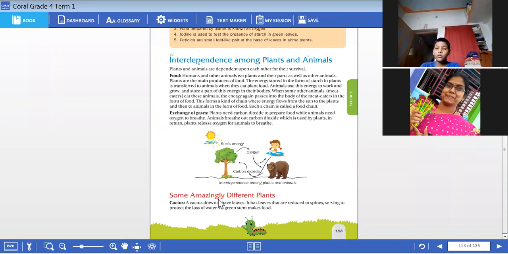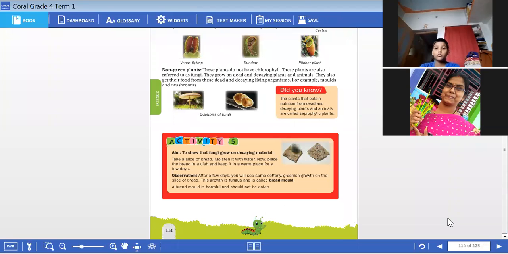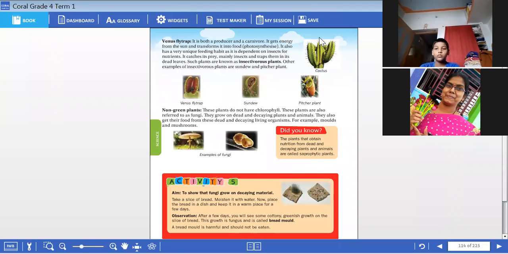Some plants are different, children. Suppose cactus. Even if you haven't seen a cactus, you can see aloe vera plants in your gardens. They also don't have any leaves. They have a structure like this with small thorns. Why these thorns?